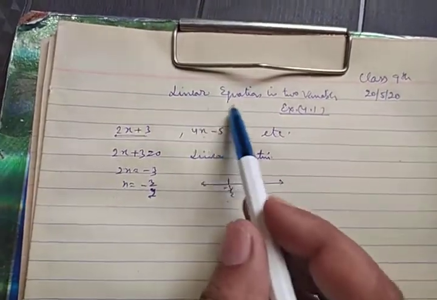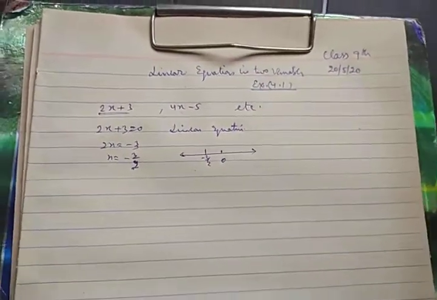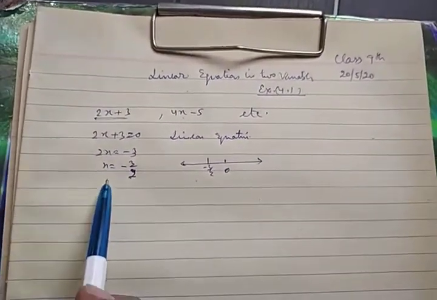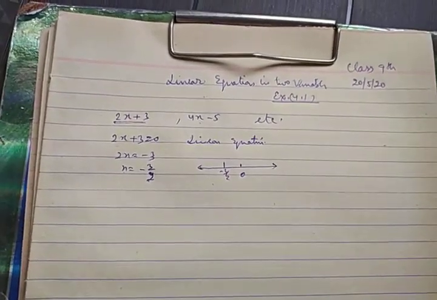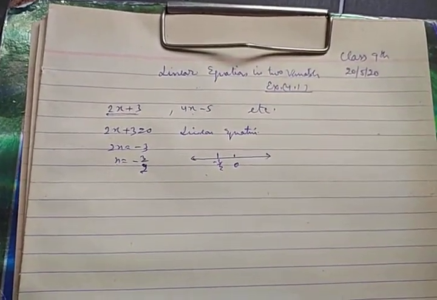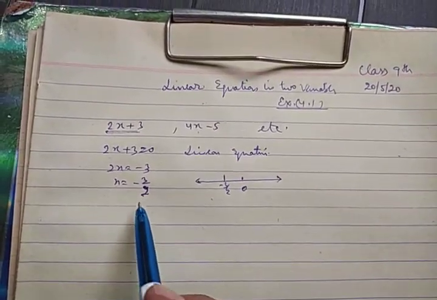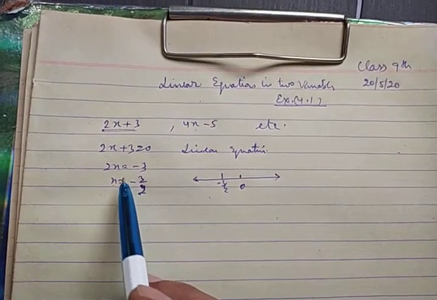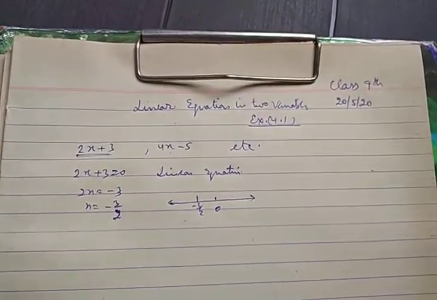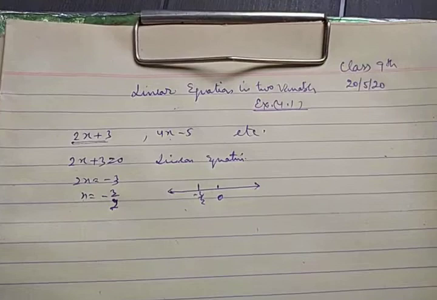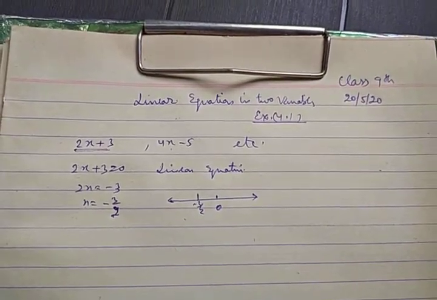Our topic is linear equation in two variables. Two variables means, like x, there would be another variable y, and there must be a relation between x and y. The relation expressing x and y in a certain manner is called the linear equation in two variables.